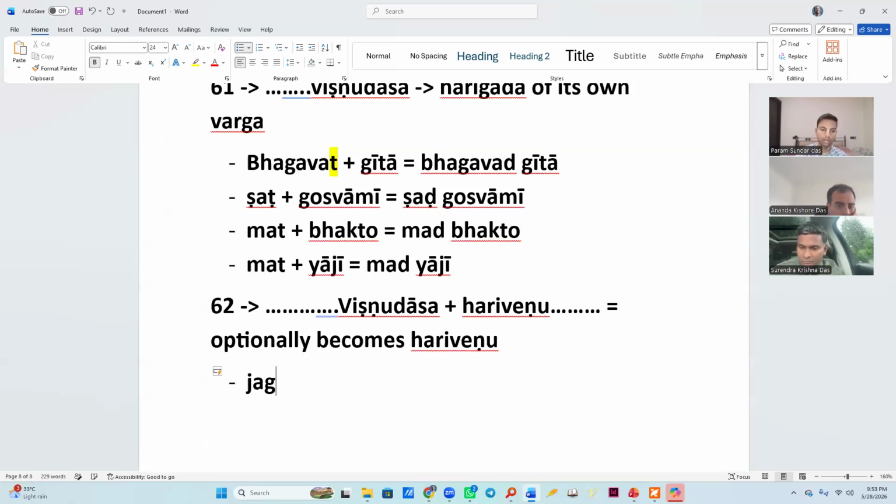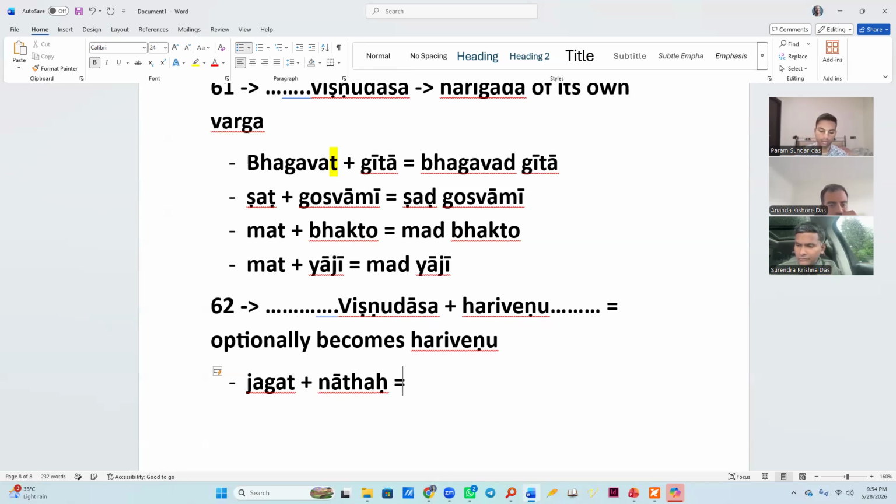Example, Jagat Nath. Jagat ends with Ta, which is a Vishnu Dasa, and it is followed by Na, which is Harivenu. So Ta optionally becomes the Harivenu of its own varga. So that is ta, tha, da, dha, na.